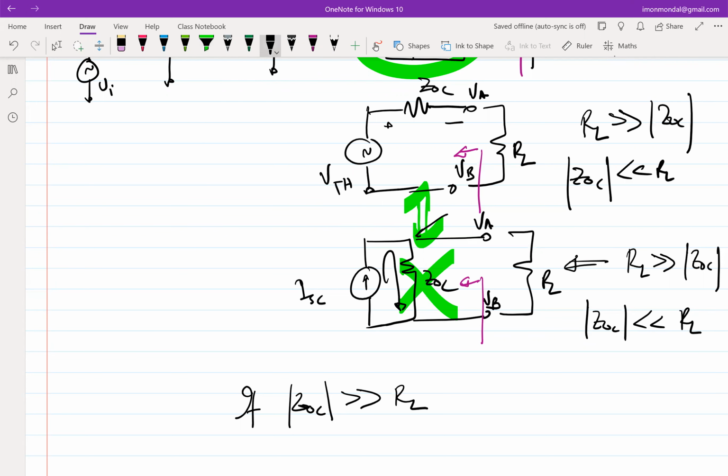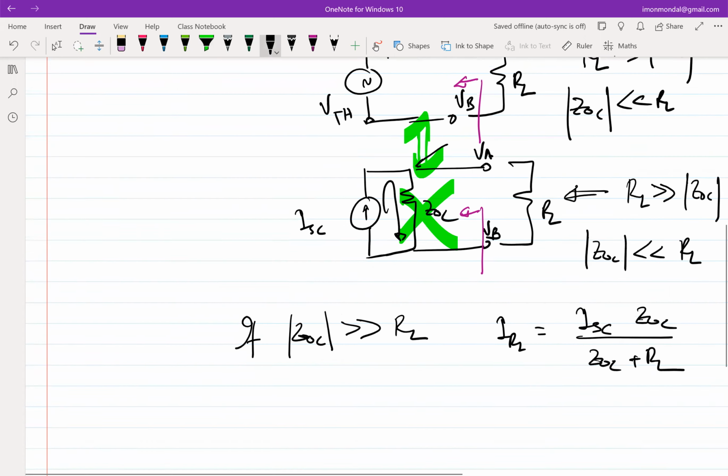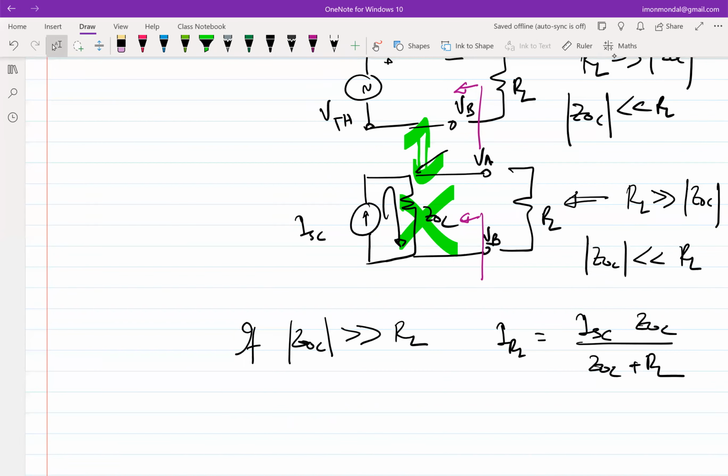In other words, if ZOC is infinite, the current going into the load, IRL, is ISC. In general, IRL equals ISC times ZOC by the sum of ZOC and RL. Now, if ZOC goes to infinity, this becomes approximately equal to ISC.